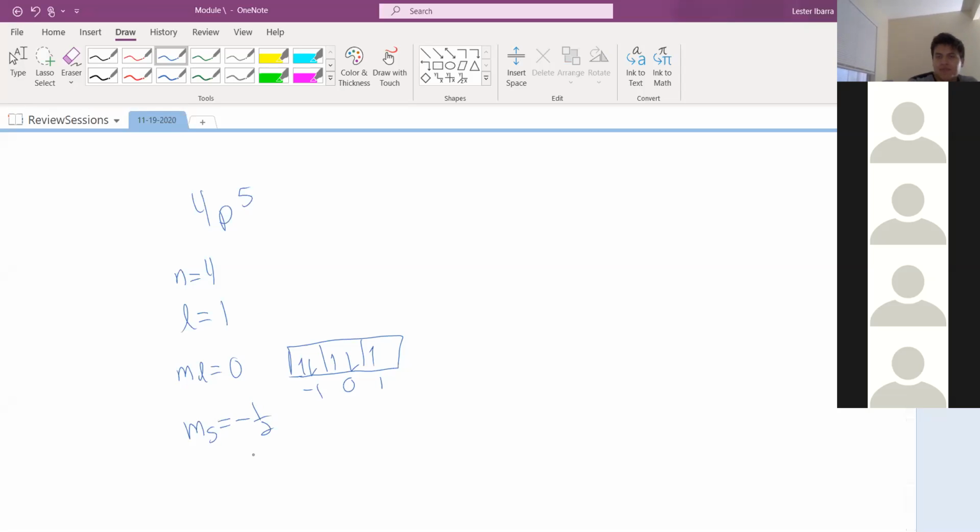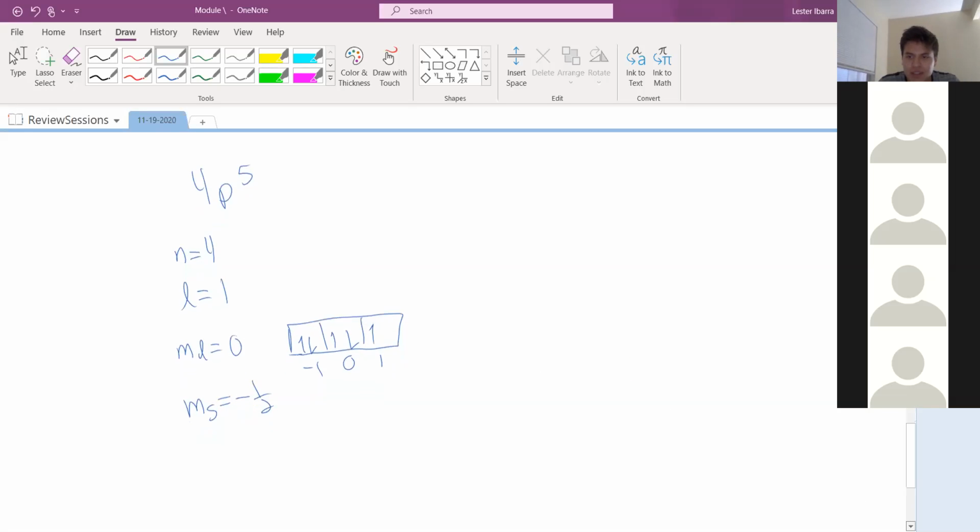No. To answer that question with a question, think about it like this. Quantum number is like an address, right? Is it possible for somebody to live in the exact same address that you live in? Obviously, it's not possible. So that'll be for 4P5. You can go ahead and move on to the next one.